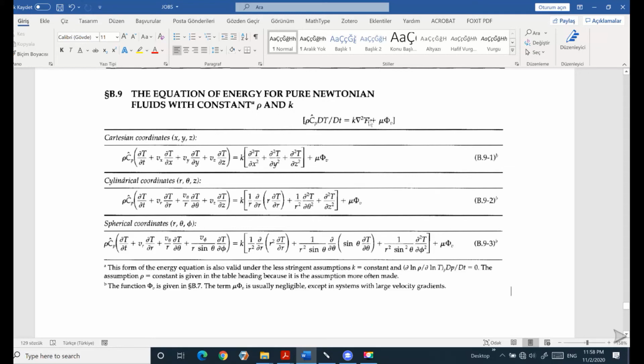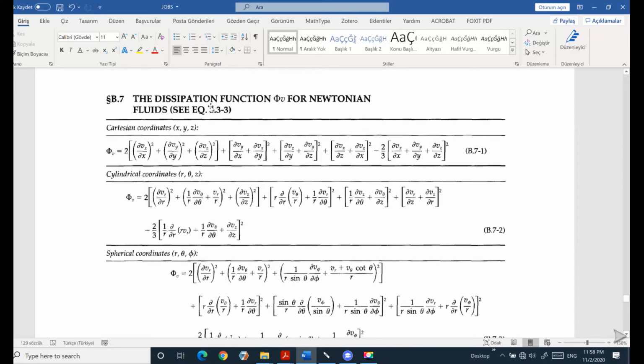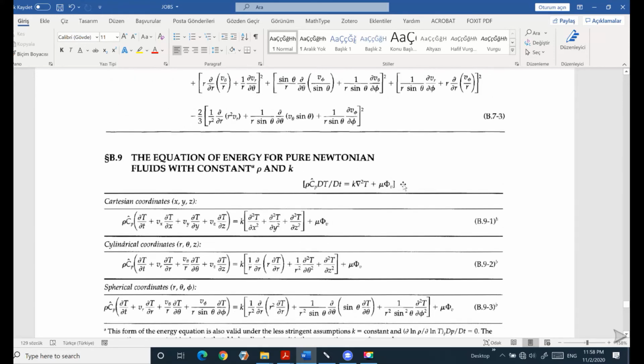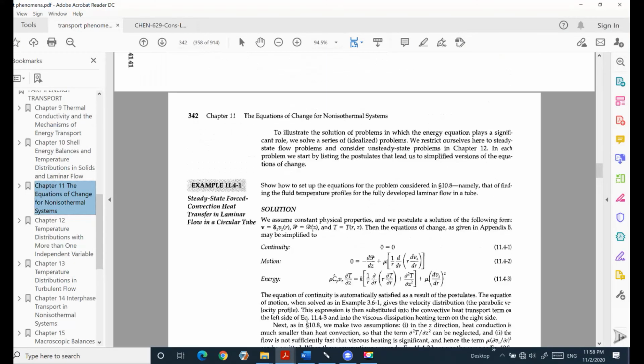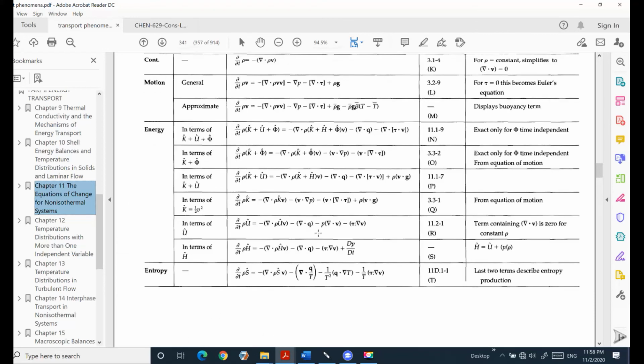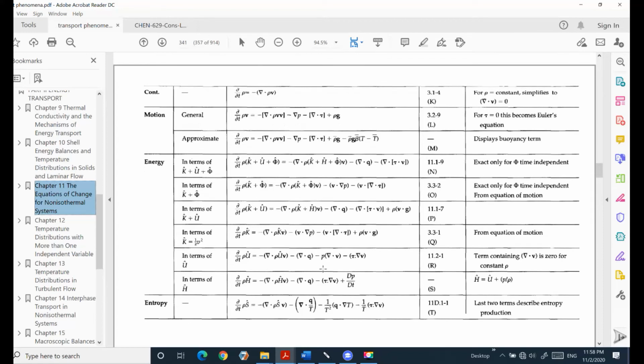Then this is our general equation. This is the conductivity term, and this is the dissipation function. And this is just the open form of the thermal energy equation.